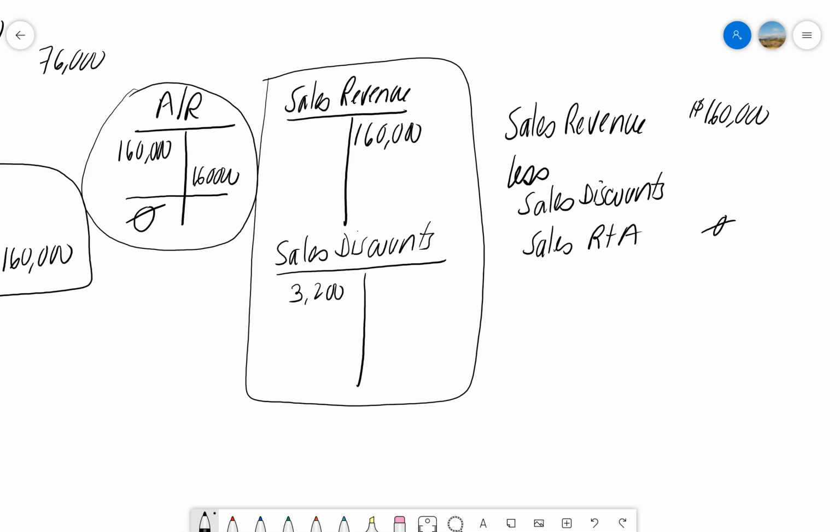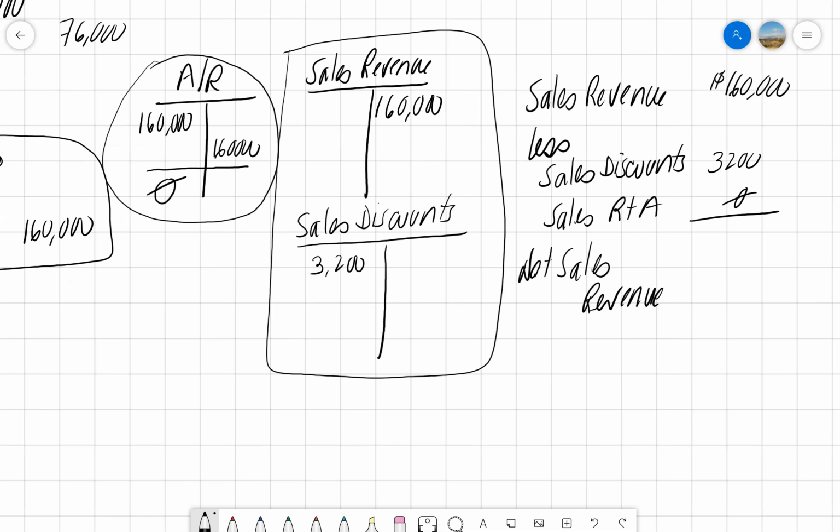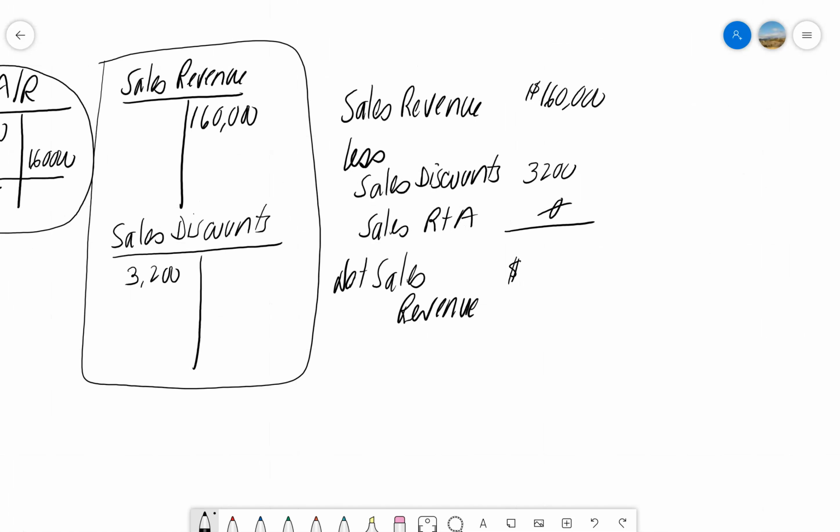In this example, that amount is 0, but our sales discount is 3,200, and so our net sales revenue on our income statement is going to equal, once again, the cash that we received of $156,800. That's going to be the amount that shows up on our income statement. So that's an example of how we have these new contra accounts to our sales revenue.